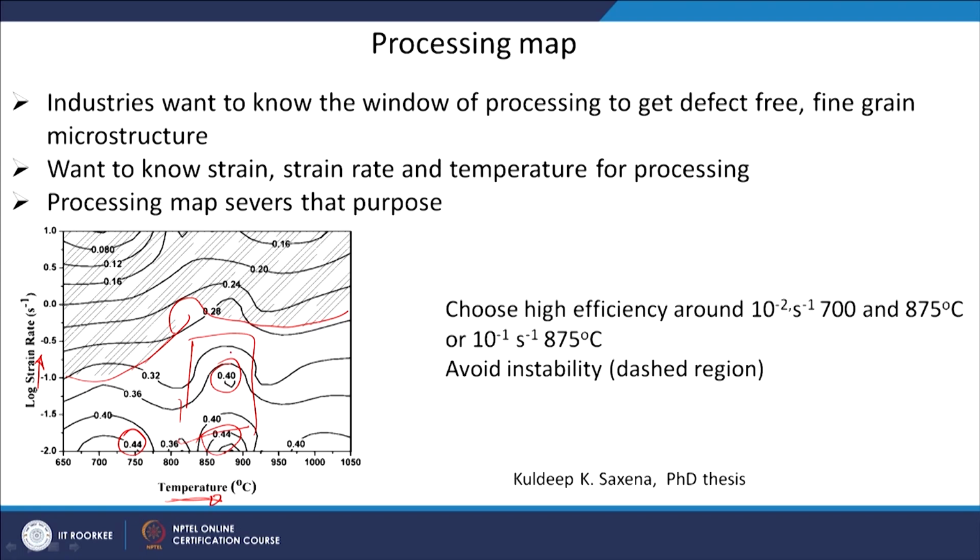I want to do the processing in the high efficiency region. In this particular course, we are going to understand how to develop a constitutive equation, how to develop a processing map, the understanding of texture, and what the different processes are, so that when we do laboratory experiments we are able to translate those results into industry.